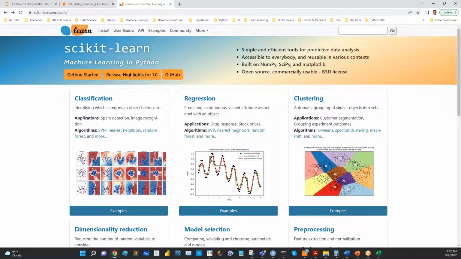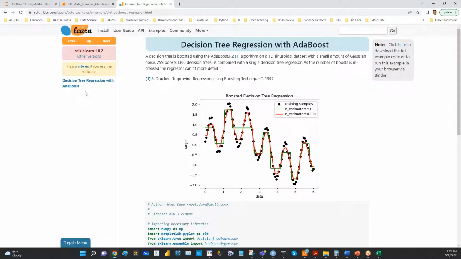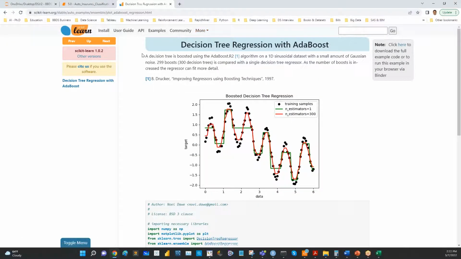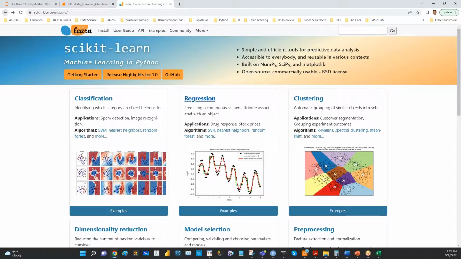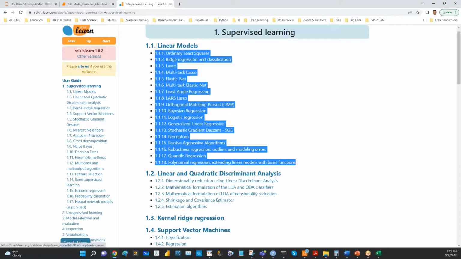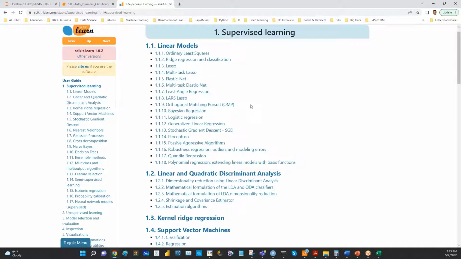Okay, it does support regression. In the regression, we got, here we go, all the models, and if you were to take our 30-week program, we are going to cover most of these.